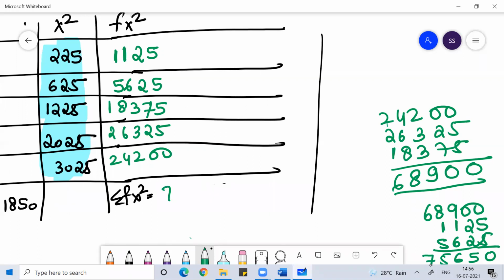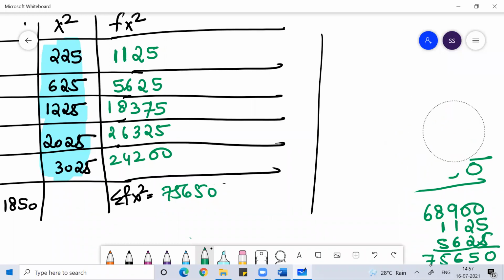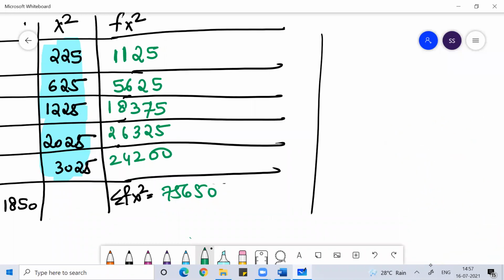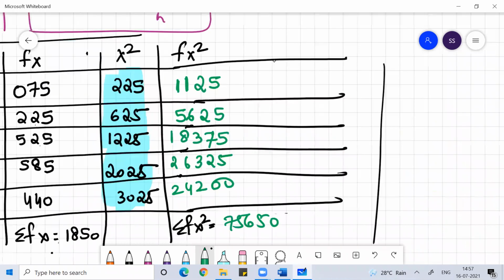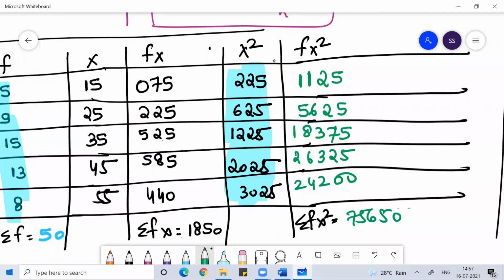You get 75650. So that will be the sum of fx square.